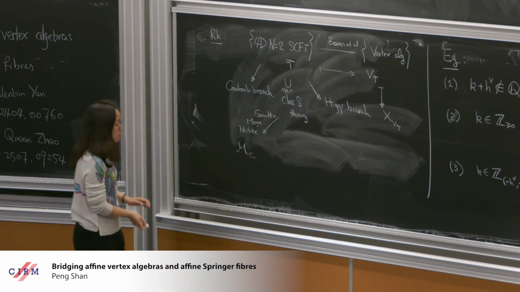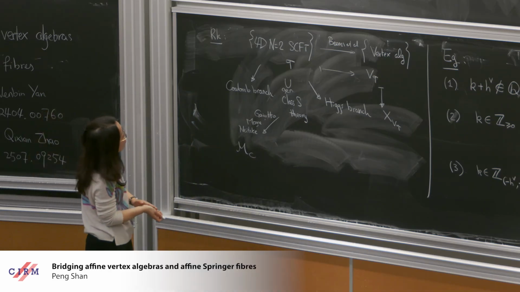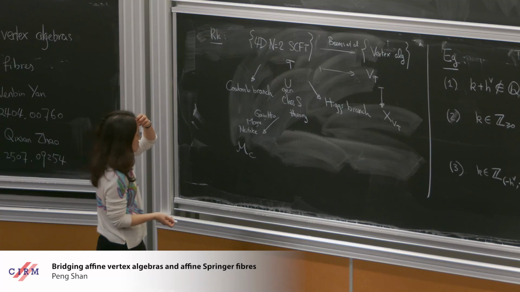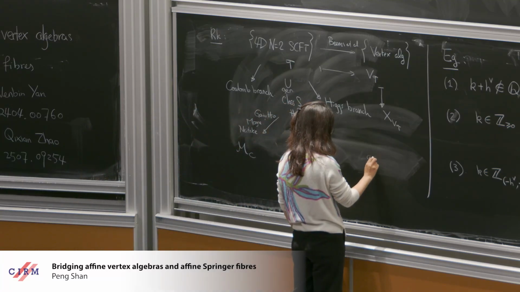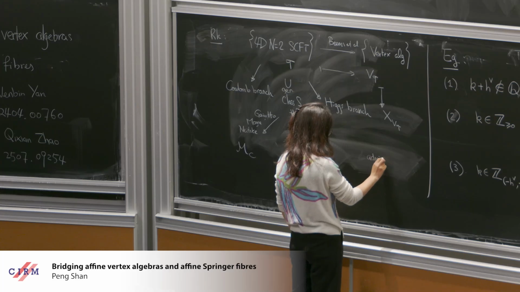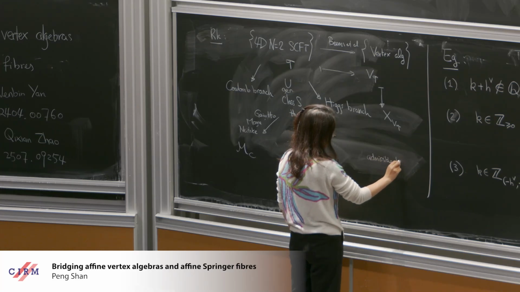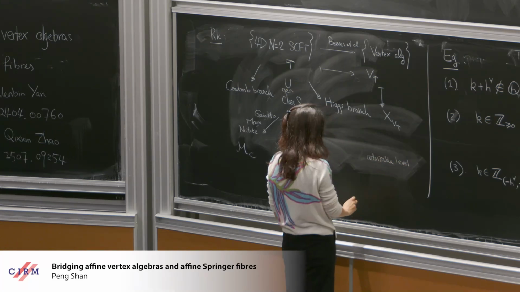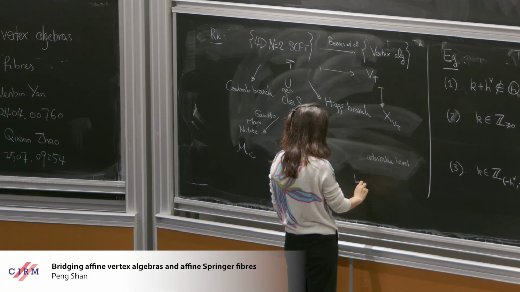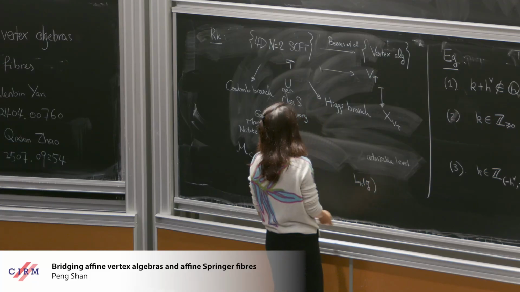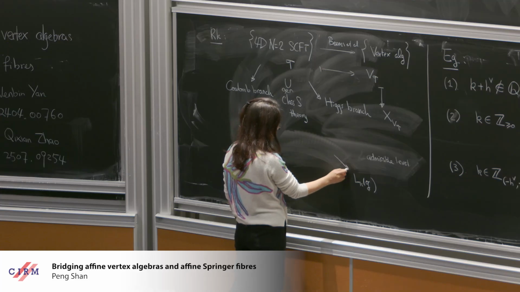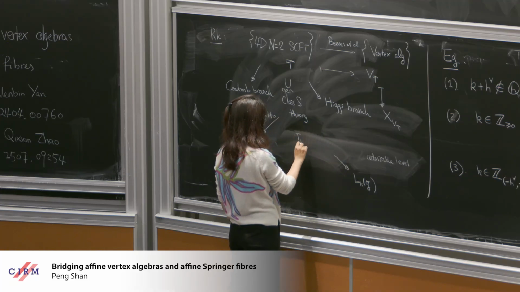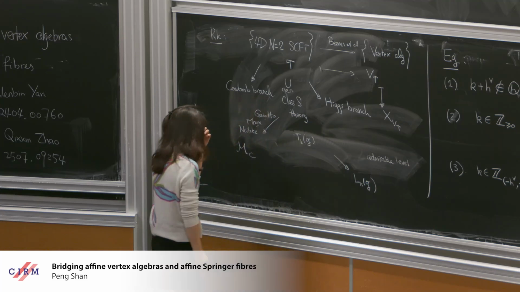What is relevant to us is this L_k(g) for admissible level. This L_k(g) appears as the image of some class S theory, so I will just put T_k(g) here.